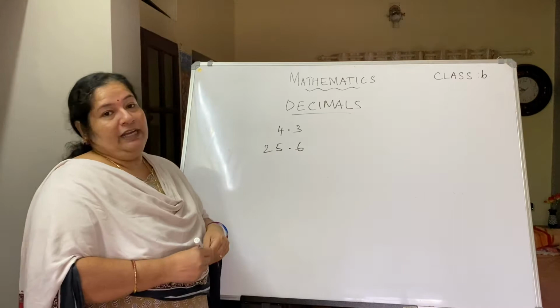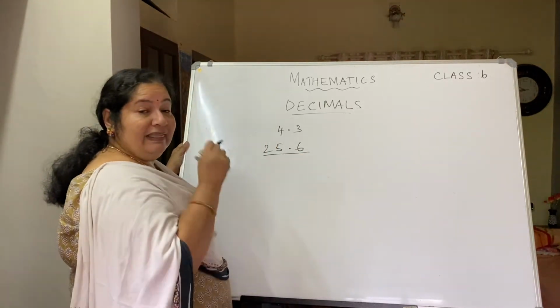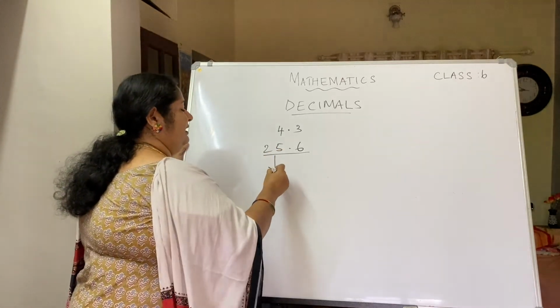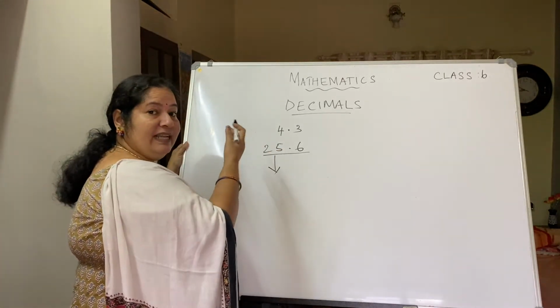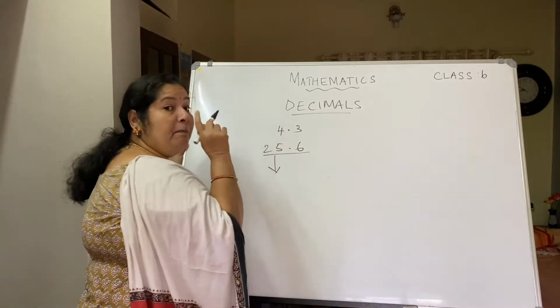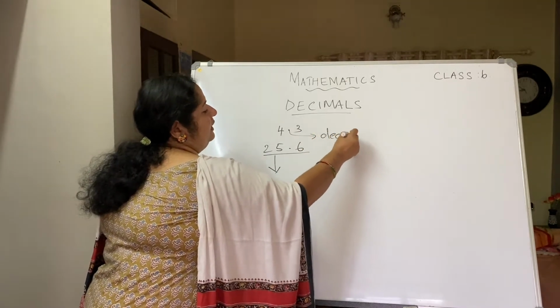Before going into that, a decimal has 2 parts. The first part, towards the left, is whatever is before the decimal point. This is called the decimal point.